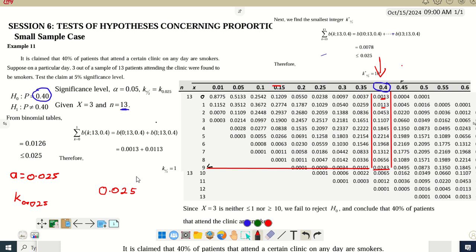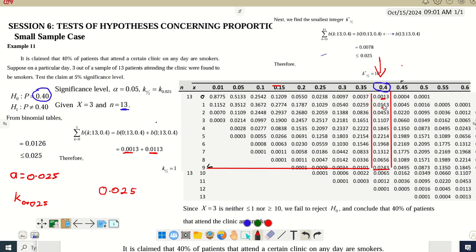So that is what they did here. You add this, then you also add this. That is the value 0.0013 plus 0.0113. That is what we have here.